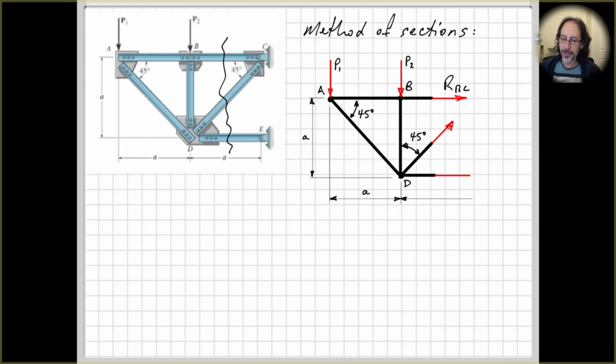And then the next one I've done is this one. Right, so if we look at this one, this has a vertical component. So the only other vertical forces are the two applied loads which are acting downwards. So therefore this one has to be acting upwards. And then our force down here, so these two forces are acting to the right. So therefore this force here must be acting to the left.